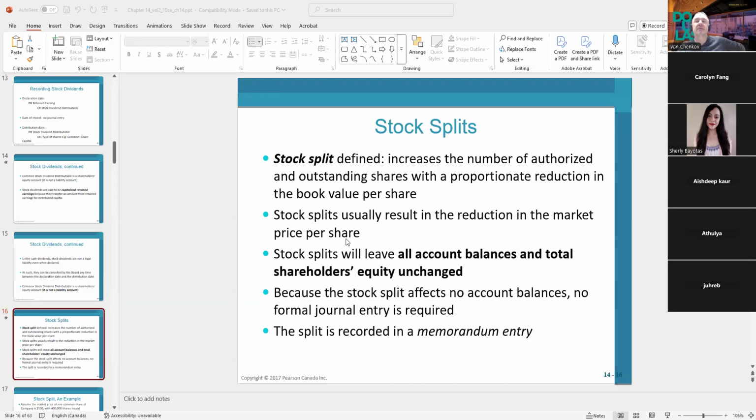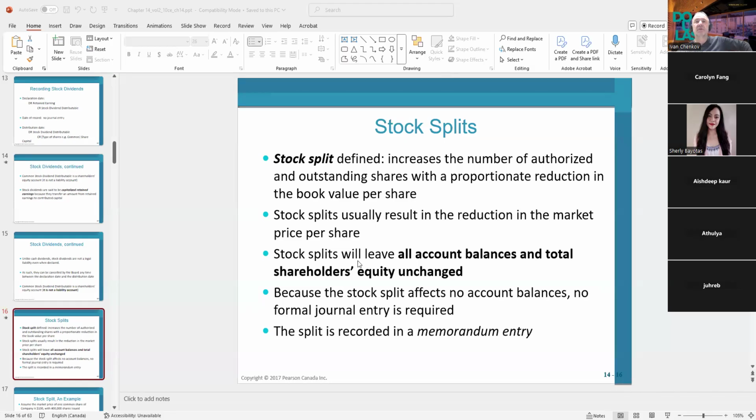That's unknown until it actually happens, and then you have to see how the market responds. But yes, the general purpose is to reduce the market price per share.